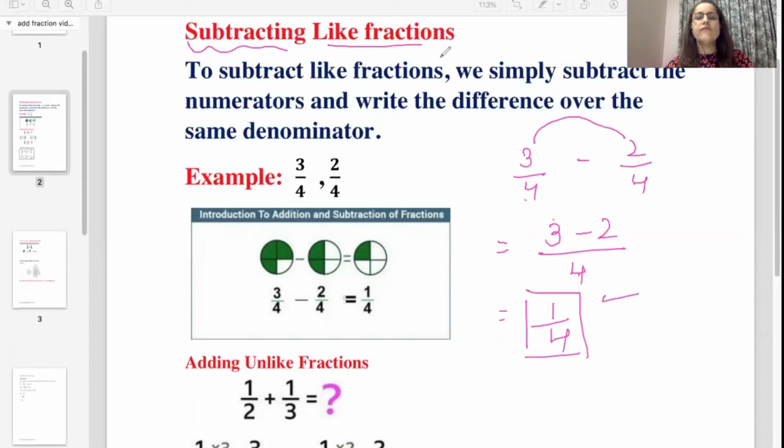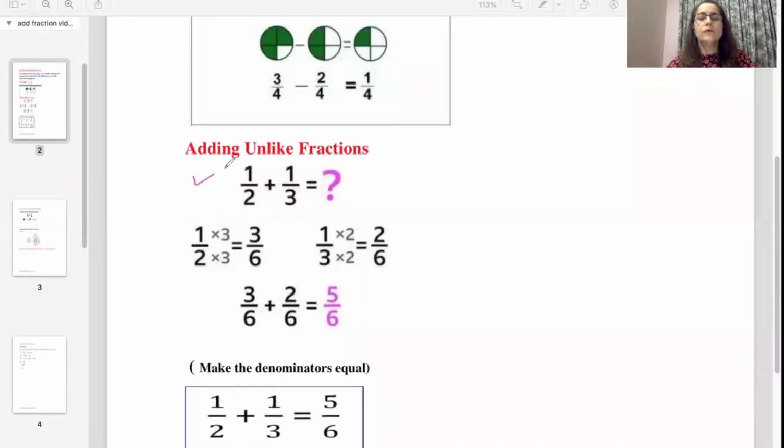So this way we can add and subtract like fractions. How to add unlike fractions? We are taking the numbers 1 by 2 plus 1 by 3. You can see it here. How can we add it? Now the denominators are different. These are unlike fractions. So the first step is we will make the denominators equal.